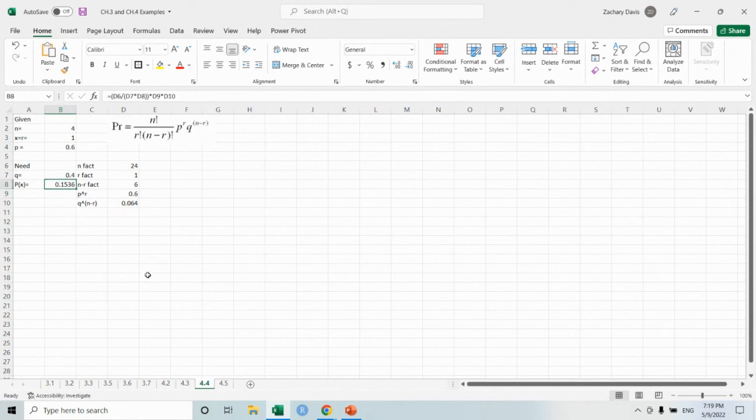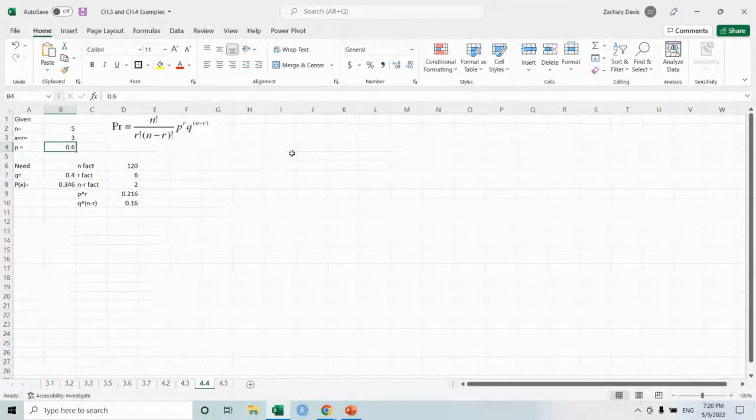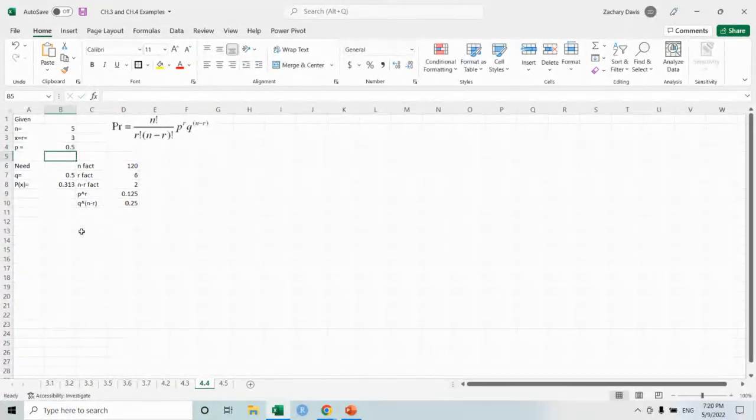That will give us our probability. And you may need to adjust to 3 decimal points. I don't remember what Pearson wants. But what we've done is created a little calculator. If you're given the number of trials, it'll auto-update. If you're given the number of successes, it'll update. If the probability changes, it will update too. So now you've created your own little calculator that will give you the missing values or find a probability of X given a binomial distribution.